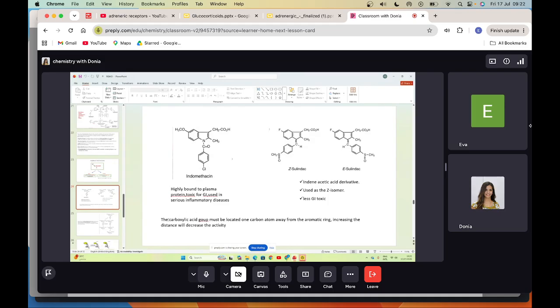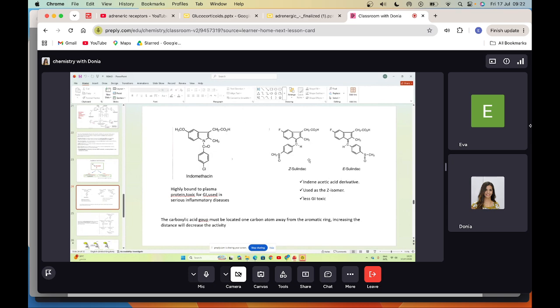That's why it says the carboxylic acid group is located one carbon away from the aromatic ring; increasing this distance would decrease the activity. Actually, it binds to plasma protein like albumin. Albumin, yes. Is it clear? Okay, great.